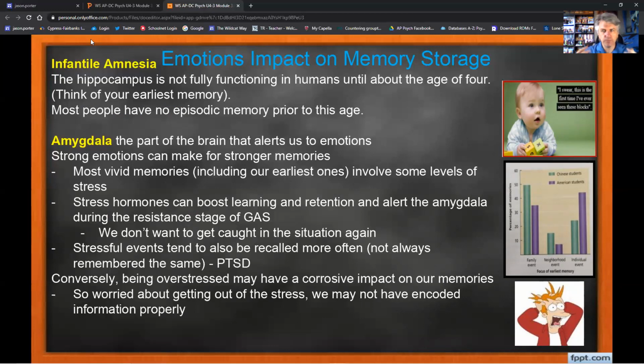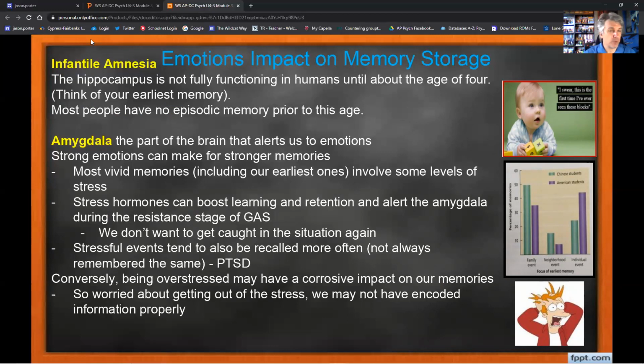There's a lot of emotion that's usually fraught with that first particular episodic memory that we have. Where you are now in life, it's hard for you to remember episodes that happened to you prior to the age of 4 or 5.